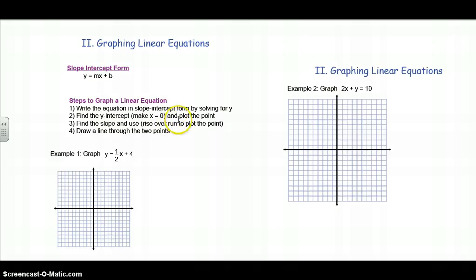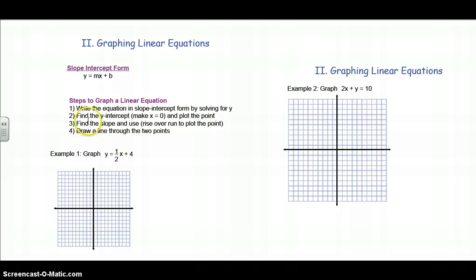Write the equation in slope-intercept form by solving for y. So you always want it set up like y equals a number times x plus another number. Then you find the y-intercept by making x 0. So if you plug in 0 for x, then you solve the equation, you're going to get y.